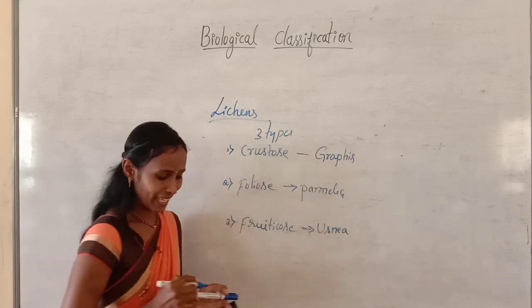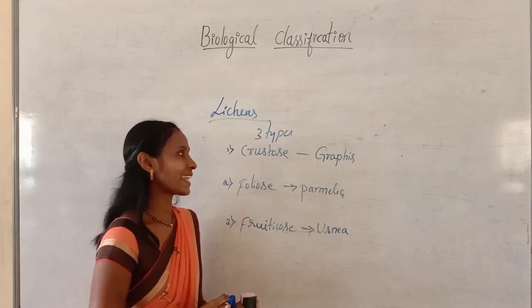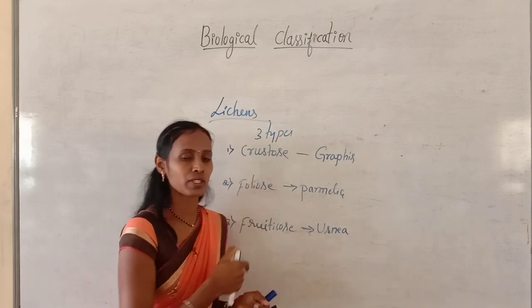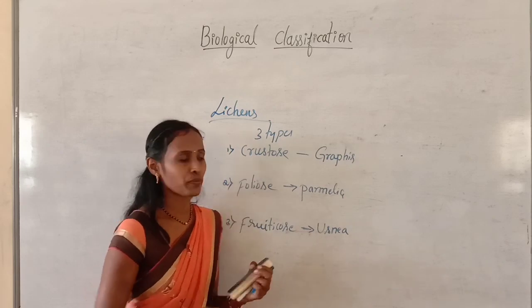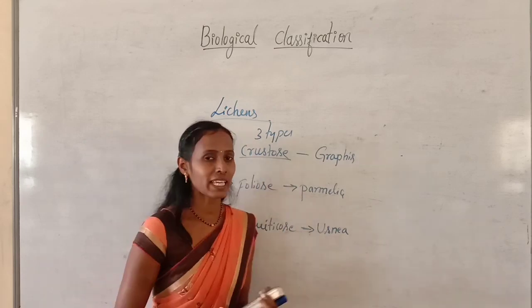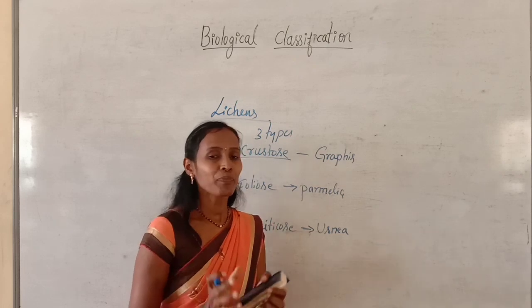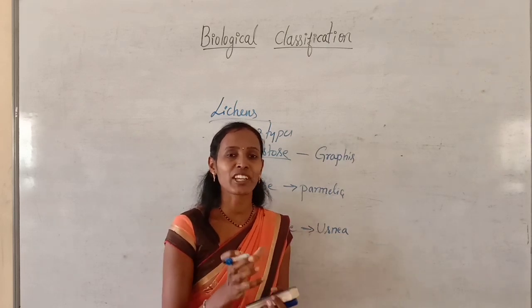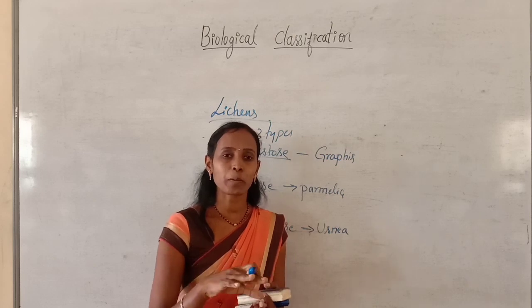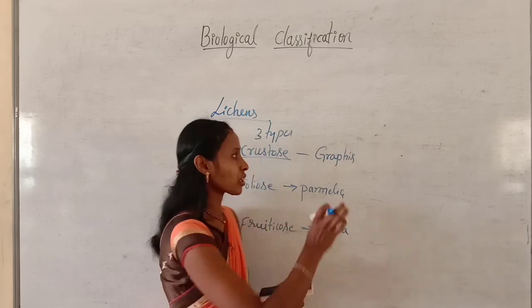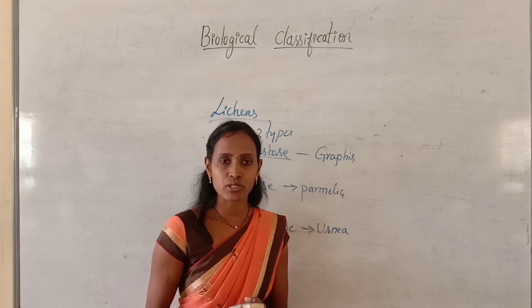So these are the examples, but we should know where exactly these different types of lichens will be growing. Firstly, crustose lichens. As the name indicates, they look like a crust-like structure, and they are very compactly attached to the substratum or surface. They are generally growing on the rocks.